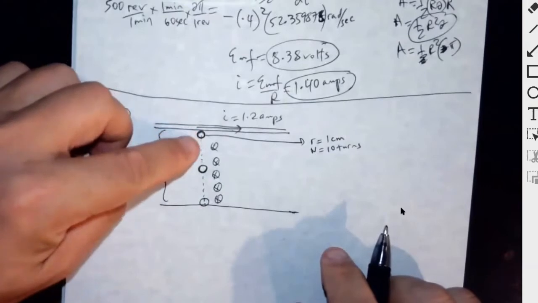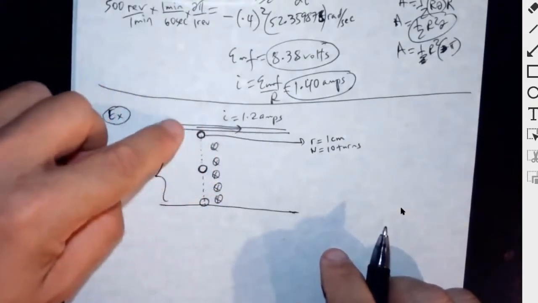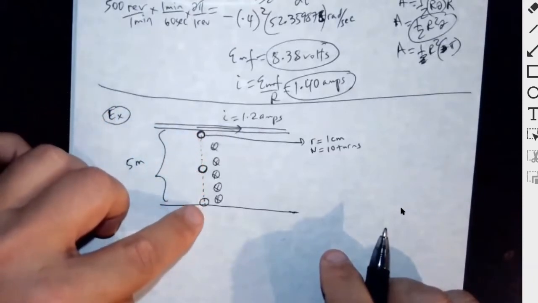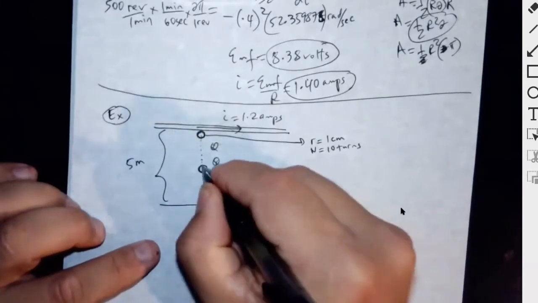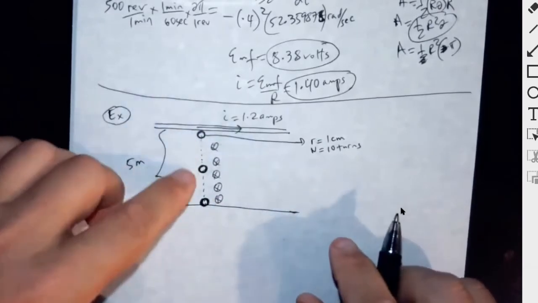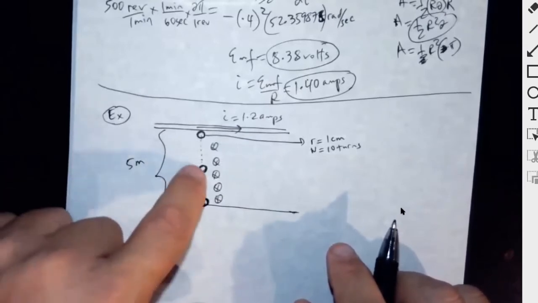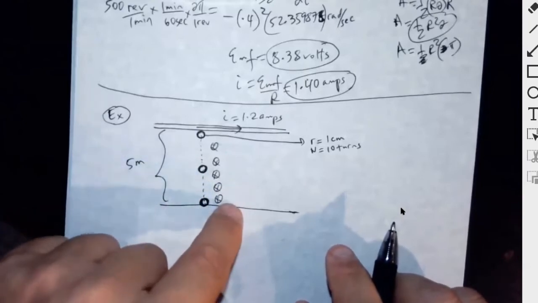But as this thing is dropping, it's going farther away from that wire. So it's going into regions of weaker B field, right, as it's dropping. It's going more and more into regions of weaker B field. So what kind of current should be produced here to try to help that B field?